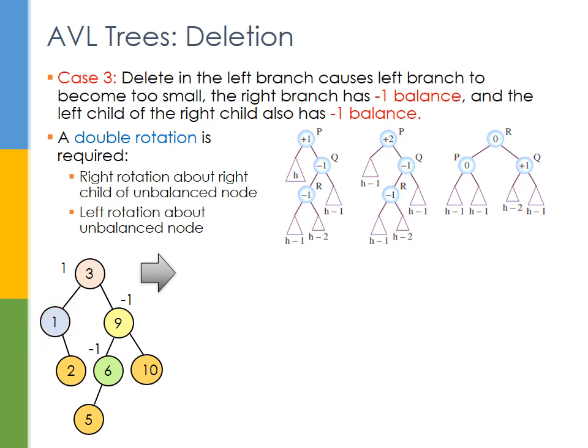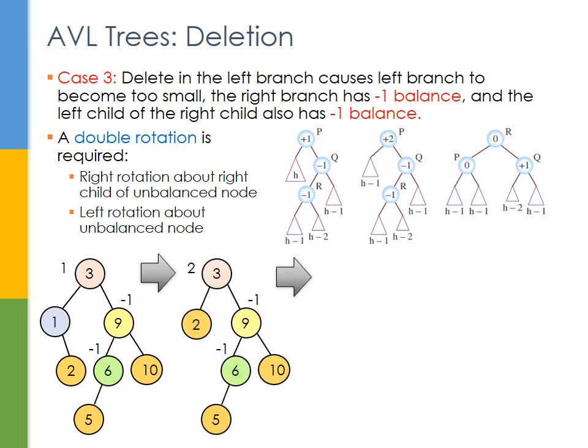So we simply perform a deletion by copying, which means that we copy the value 2 into the node that has had its value deleted, and we then delete the node that we have copied from.